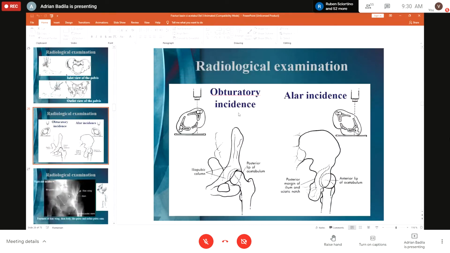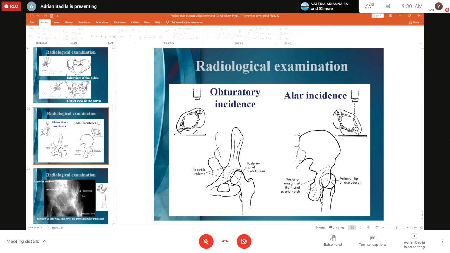In the obturatory incidence, the patient is supine on the examination table, and is positioned in order to form 45 degrees with the horizontal line. And in this obturatory incidence, as we can see from the title, we can see very well the region of the foramen obturatum.